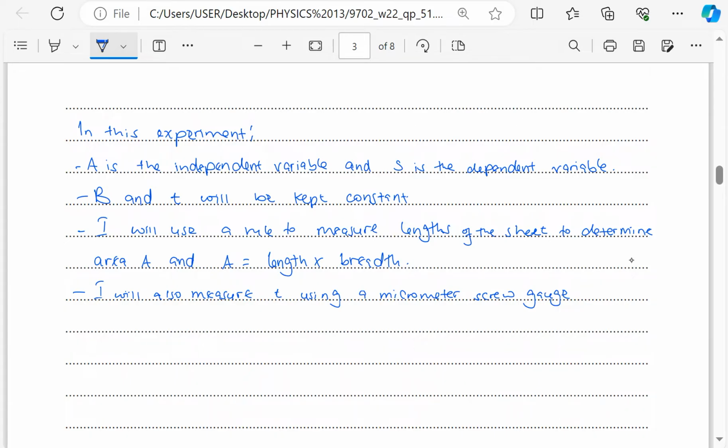I'll also measure T using a micrometer screw gauge, but remember I need the average value of T. So this is going to be in different positions. I'll measure T using a micrometer screw gauge in different positions of the sheet and obtain the average value of T.